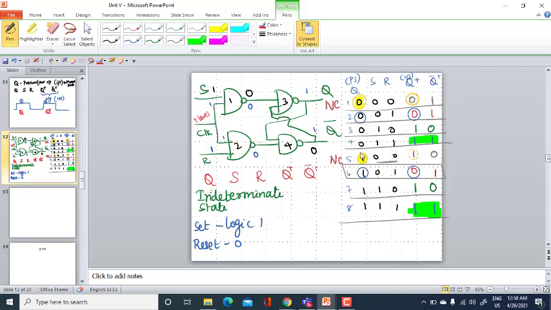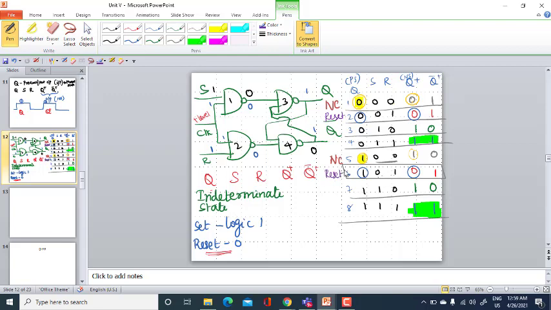See, whatever may be the present state, either 0 or 1, my next state is 0 only. If it is 0 it is said to be reset state. Okay, let me write this. This is reset state.